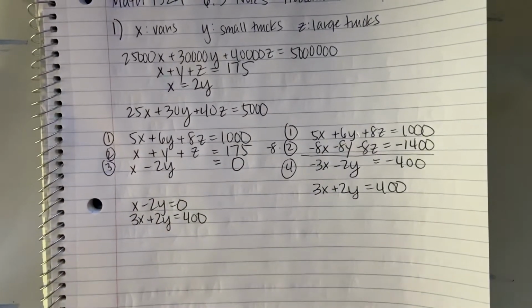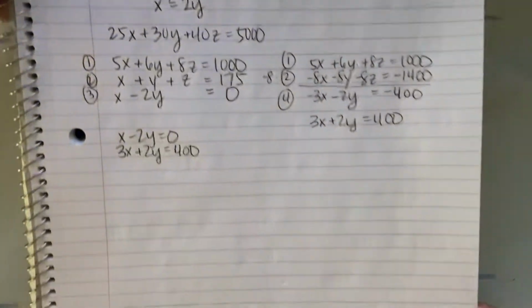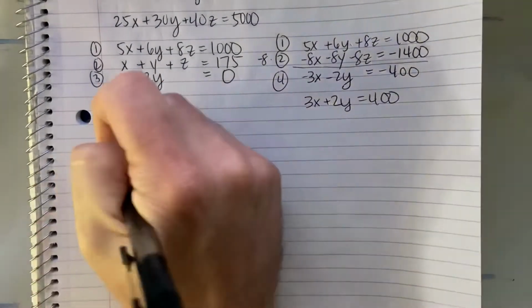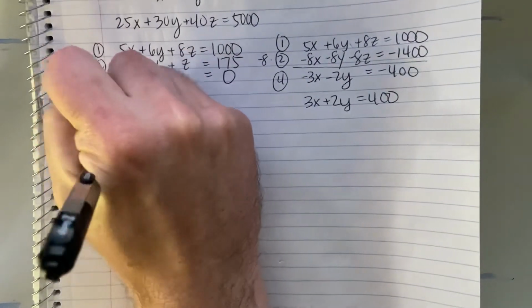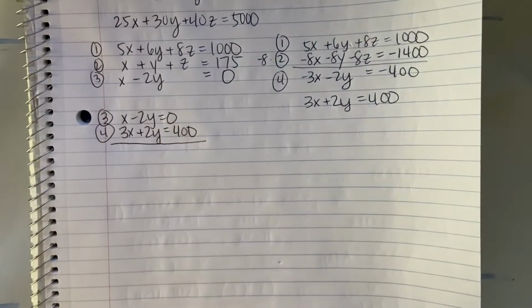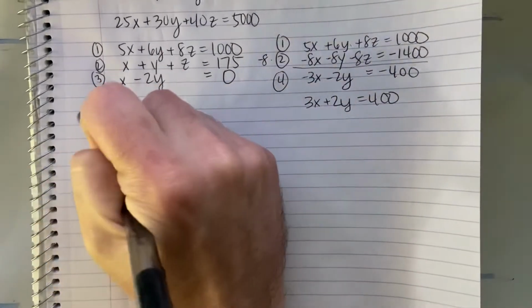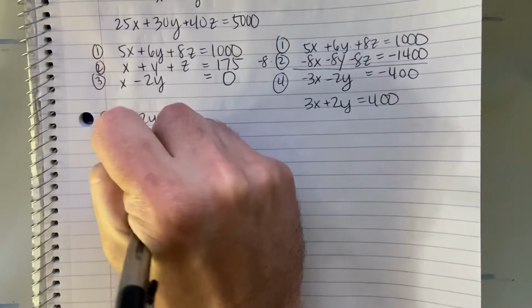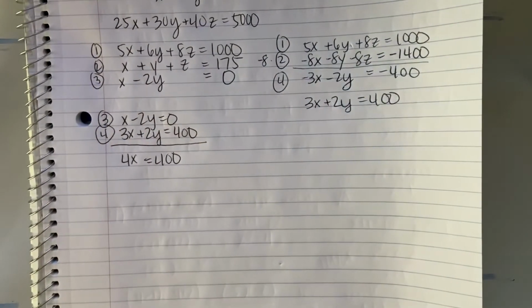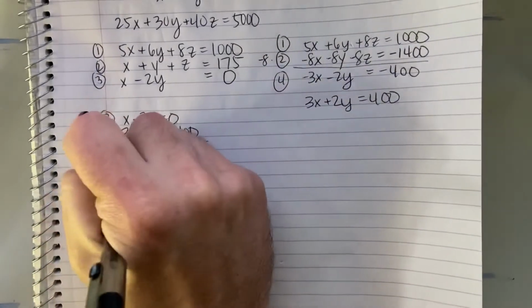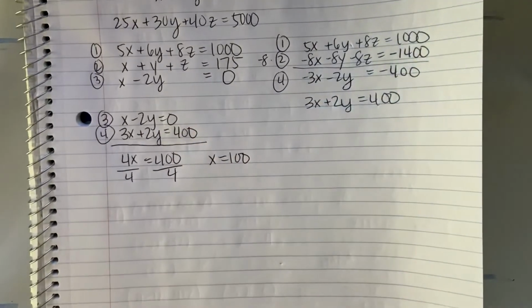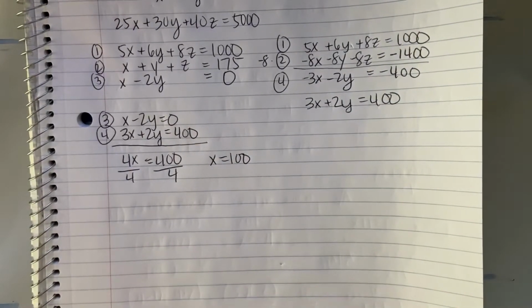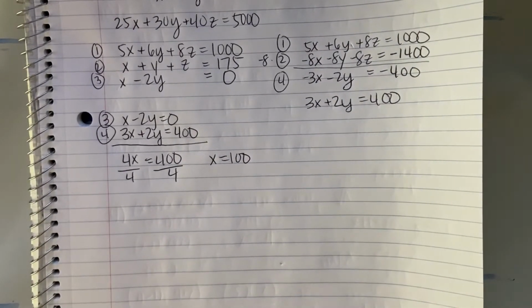Now that my y's will cancel out, I can add these two together. That's 3 plus 4. I add these two together and I get 4x equals 400, a nice round number. So what does that mean? X is 100. That means we want to buy 100 vans.